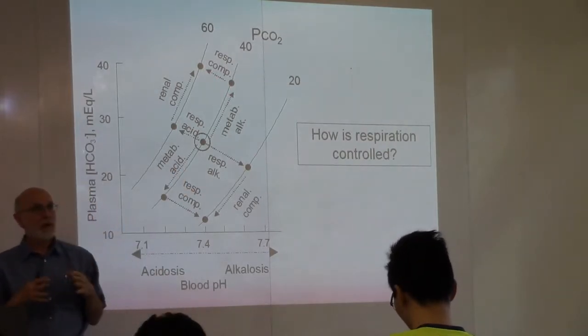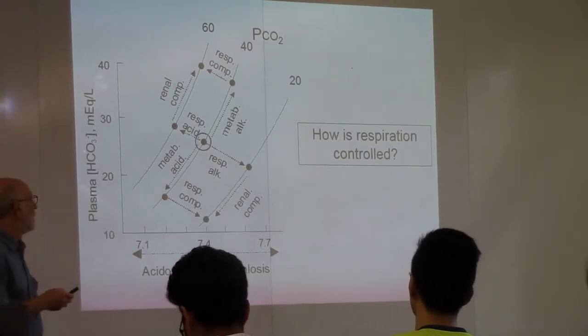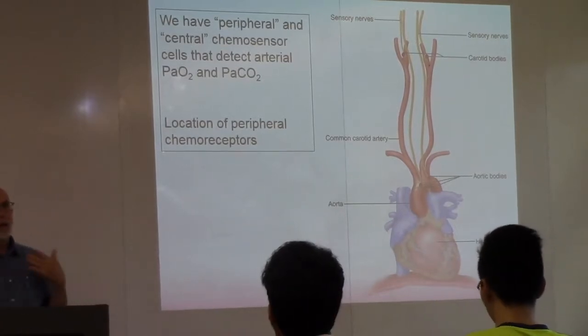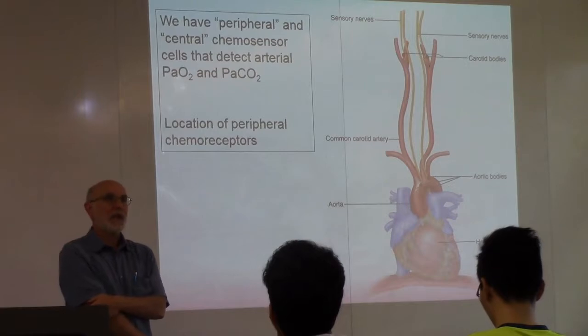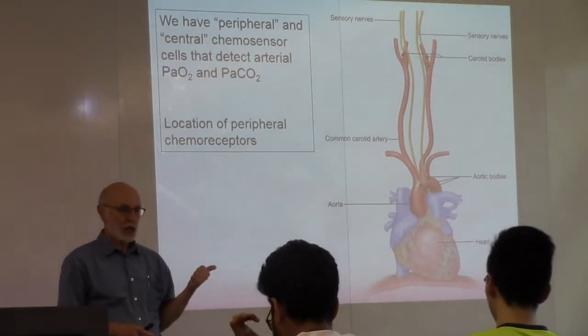So we're talking about the control of the respiratory system. So what is controlled? Well, the things that are controlled are blood pH.